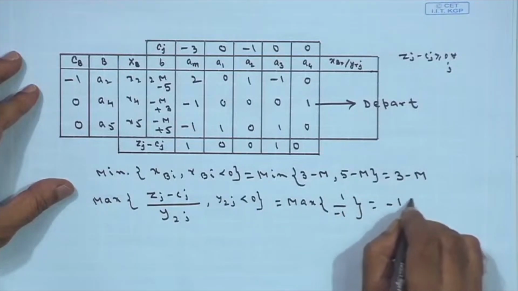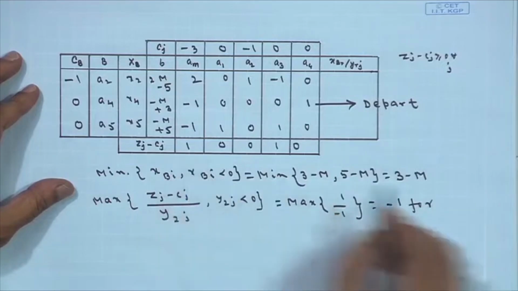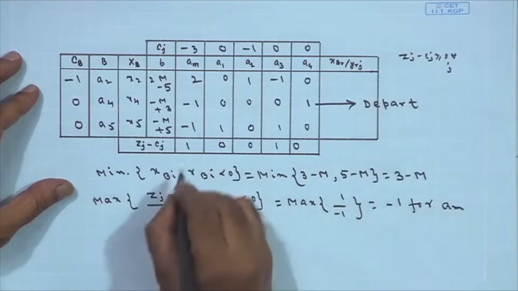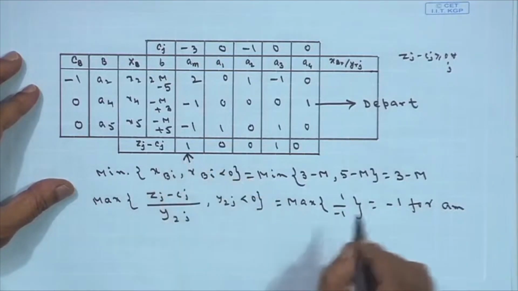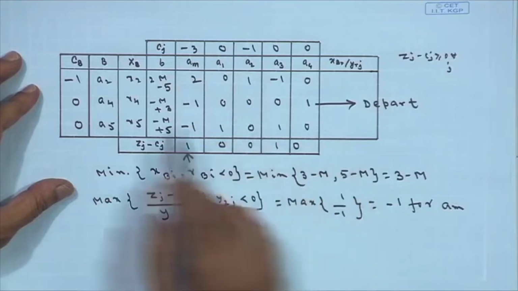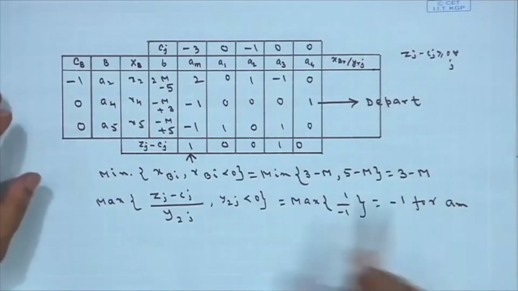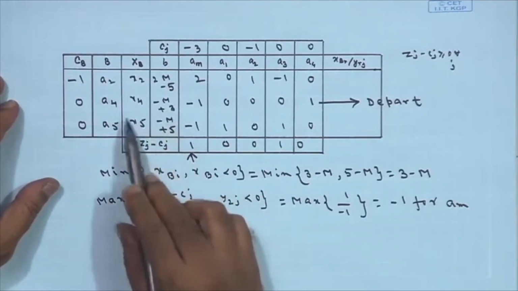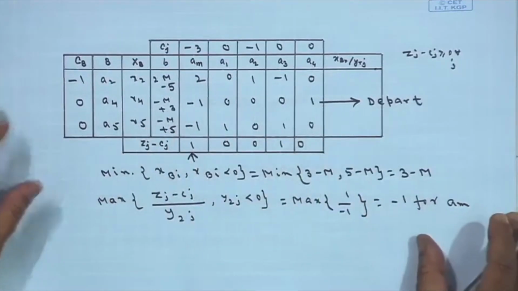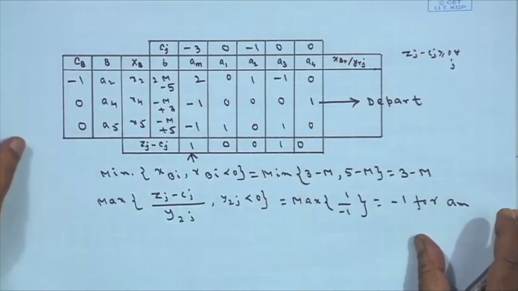This corresponds to Am. So, therefore, Am will enter into the basis in the next iteration and A4 will go out. Fine. I think it is quite clear that A4 will go out from this table.